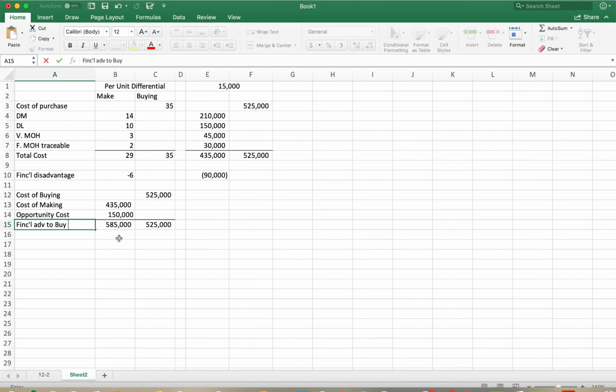Well, again, it's the difference between the 585,000 and the 525,000. So in this example, my financial advantage to buying is actually $60,000. Okay? So that's a make or buy decision.